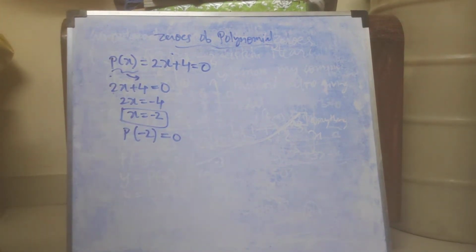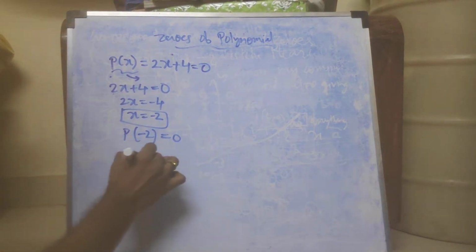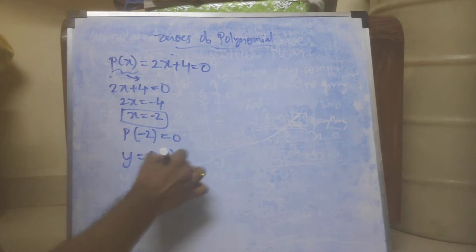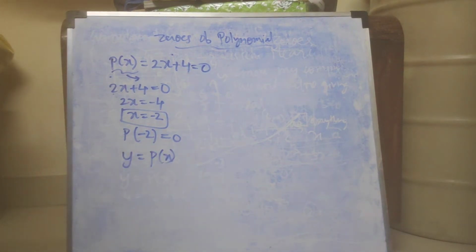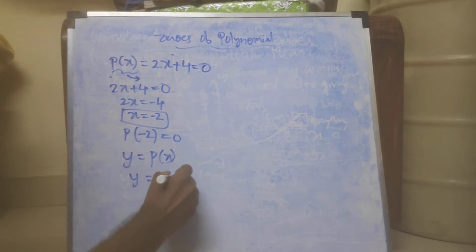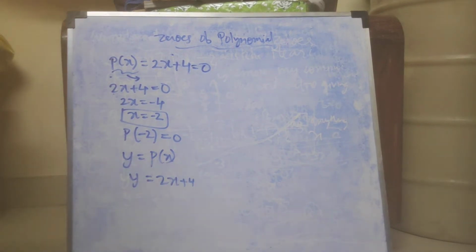Now to represent it in the graph, consider y is equal to p of x. Then y is equal to 2x plus 4. So we have to plot this linear polynomial on the graph.